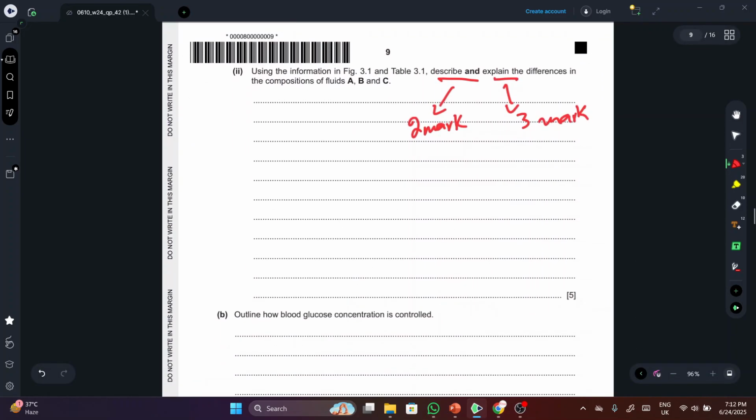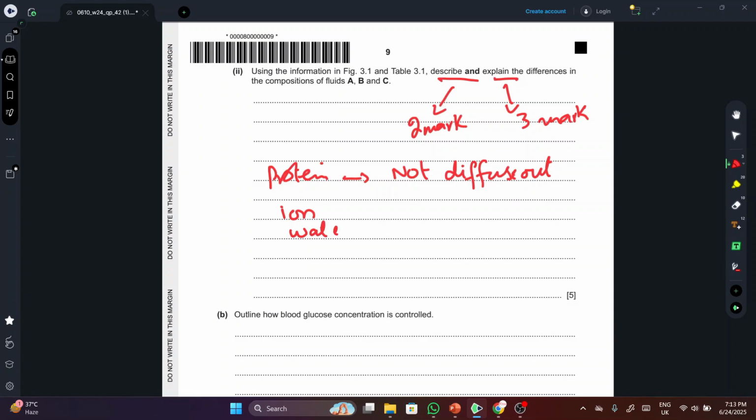So this is the way you will mention separately here about the protein, not diffusing out during ultrafiltration, and also you will mention about ions and water, both are filtered out, both are reabsorbed, but both are also present in the urine as well.